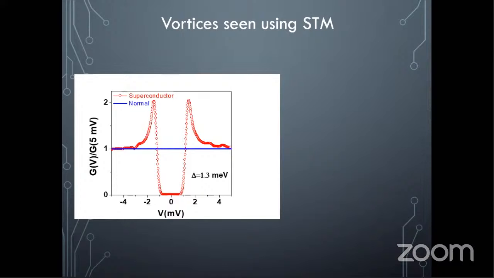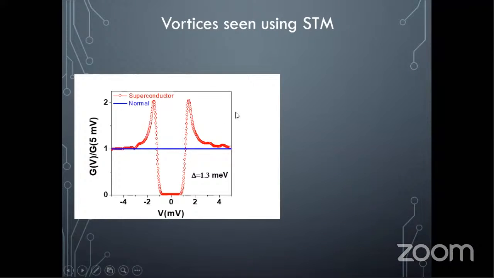Now you already know that vortices in a superconductor have a normal metallic core, which is surrounded by superconducting regions. Now, for a superconductor, the differential conductance looks like this red curve here. For a normal metal, the differential conductance looks like this blue curve here.